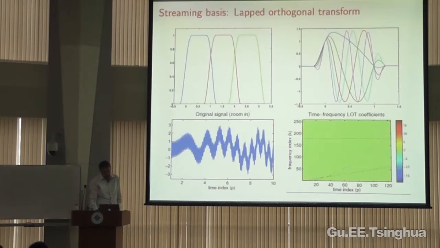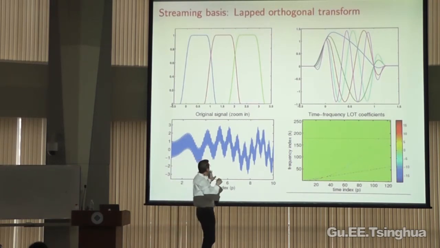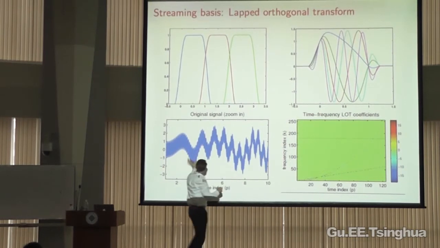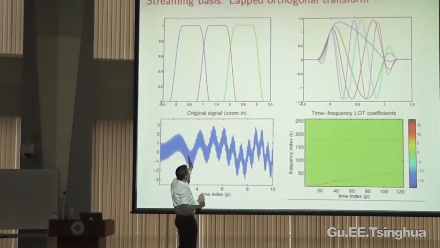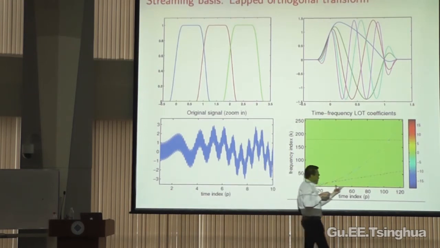You figure out how to update these things. And where this comes into play is, say here we have this signal, and it has dynamic content in it. If I look at this in this lapped orthogonal transform domain, what I'm doing is taking a window and looking at it at several different frequencies. Here are the window functions, and then I modulate those windows by several different sinusoids. Here's the time index, and here are the expansion coefficients.